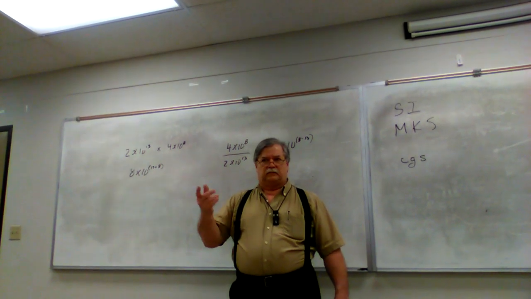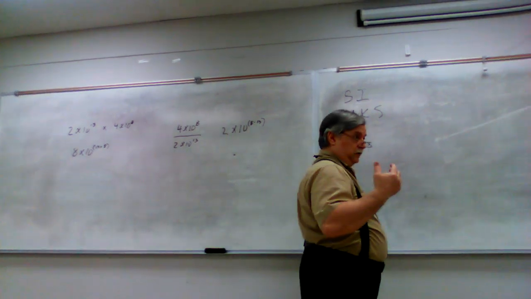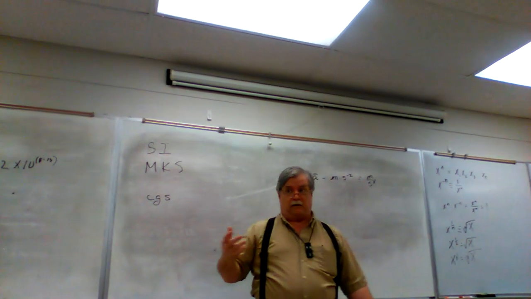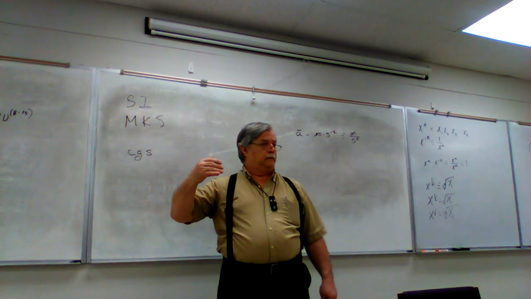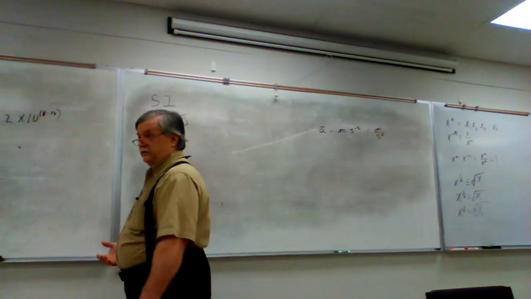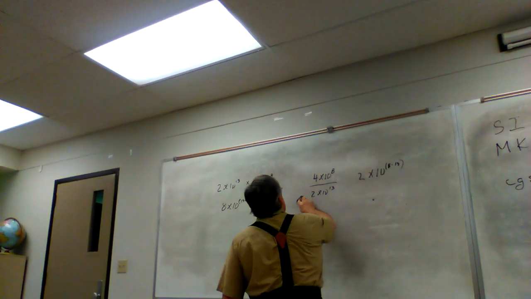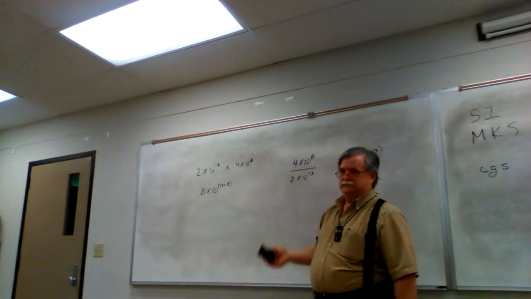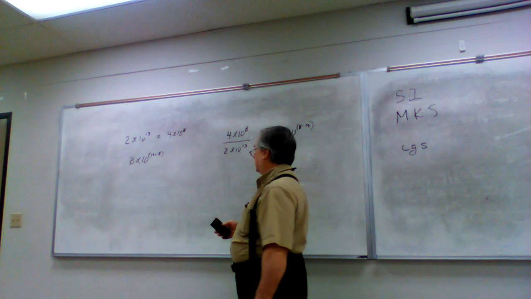Of course, the big benefit of using power of 10 notation is if you put something in power of 10 notation, it becomes immediately obvious how many significant digits you have. These kind of mathematical tricks for doing the calculations, they're handy as well.